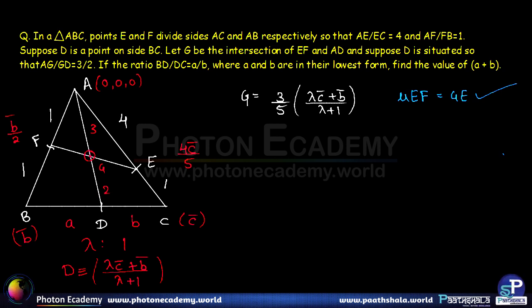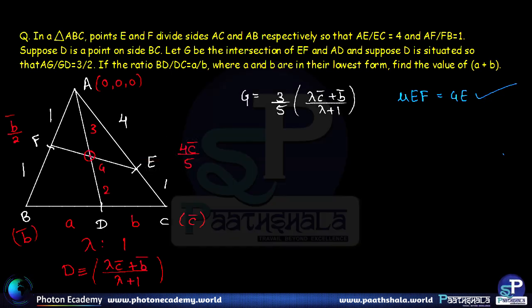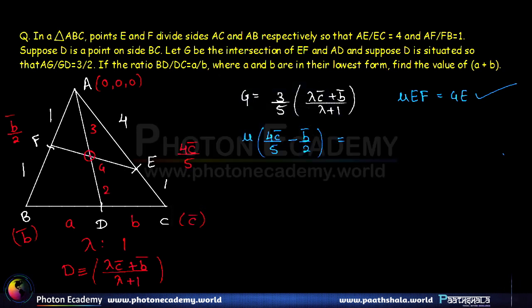So using this newfound equation, let us write what we have. So E is 4C upon 5 and F is B upon 2, and that into mu is equal to GE. Or let us do GF over here instead of GE. GF will be easier. It doesn't matter really, you can do anything.